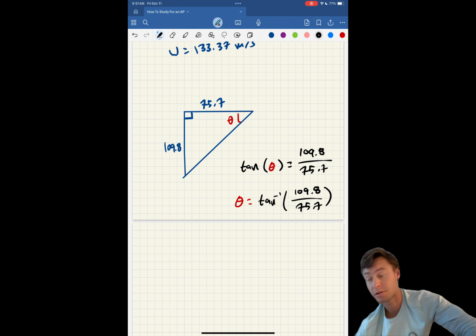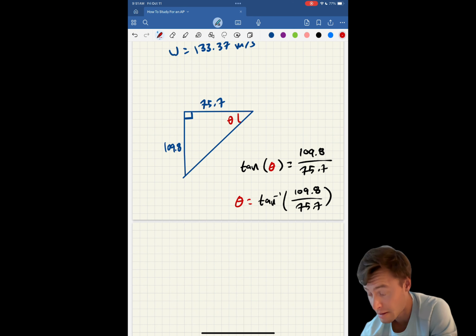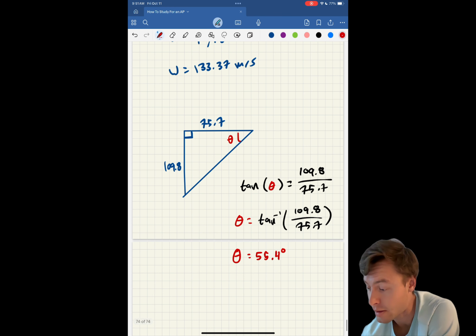Then you just pop that into a calculator. And you get that theta is equal to 55.4 degrees.